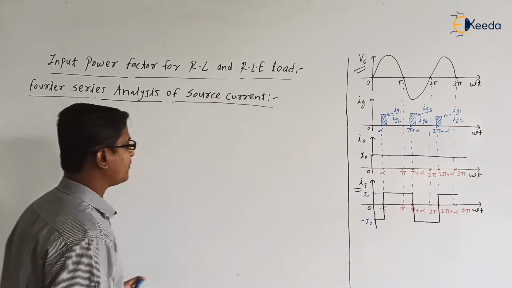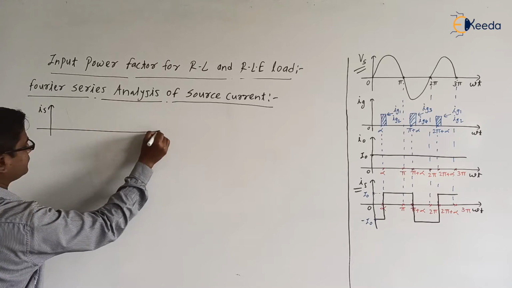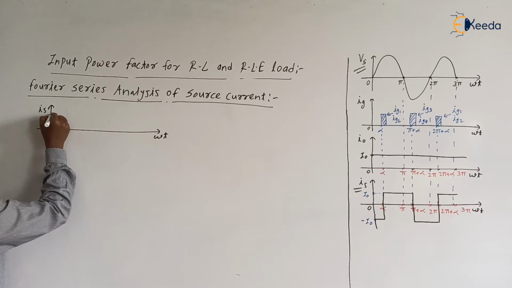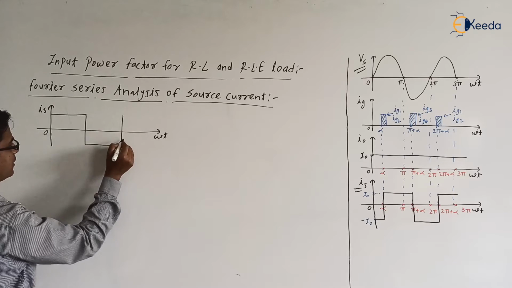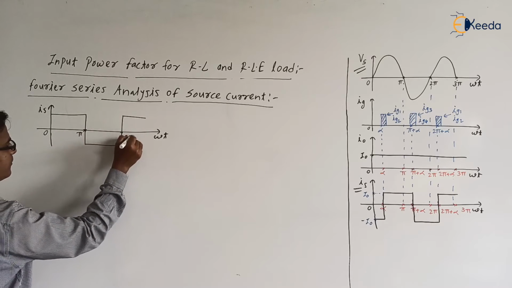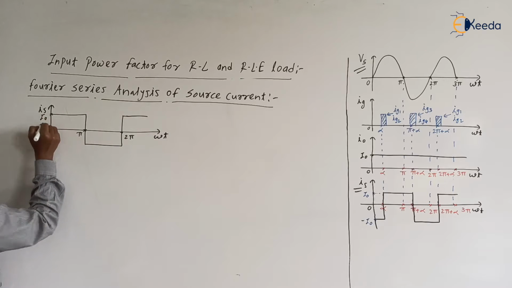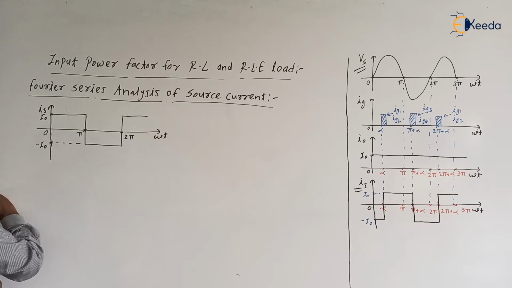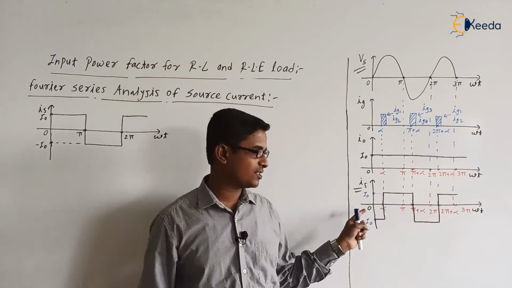We can draw this Is like this also: omega t from 0 to pi, pi to 2 pi, 2 pi to 3 pi, and so on. Here it is I0 and here it is minus I0.